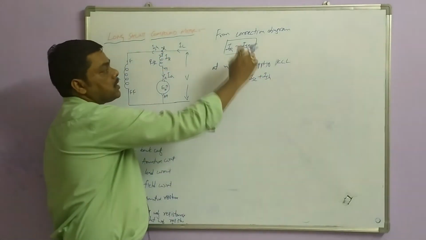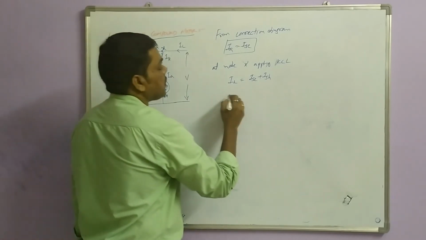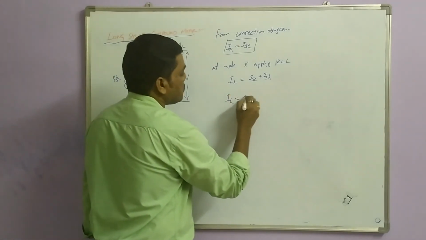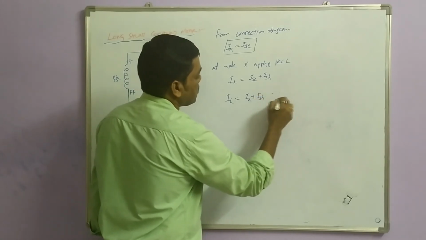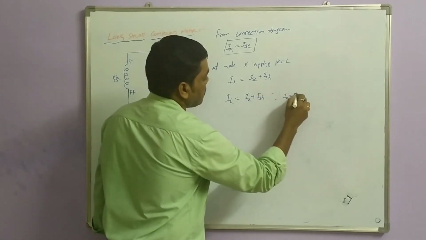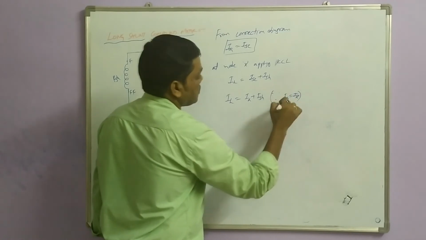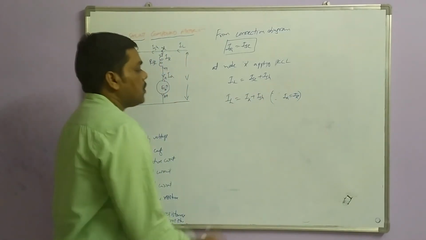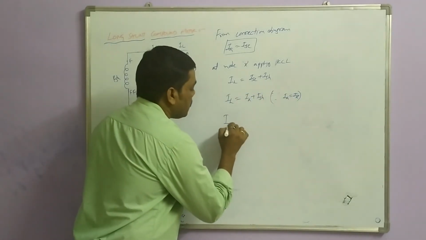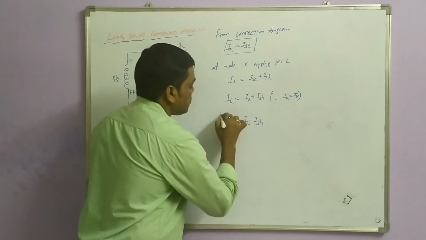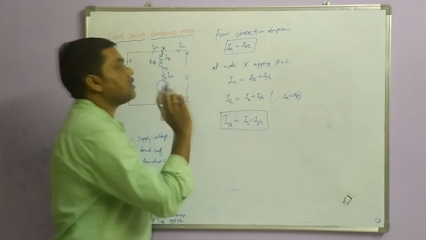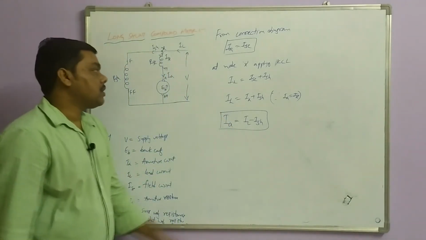Since the series current is the same as the armature current, IL is equal to IA plus ISH. So IA is equal to IL minus ISH. This is how we calculate the armature current.